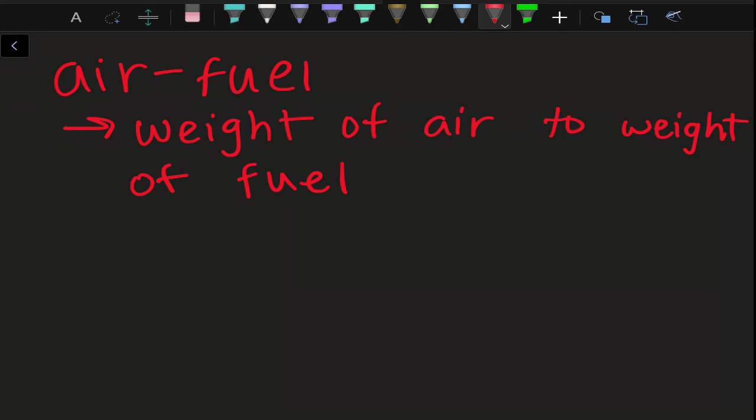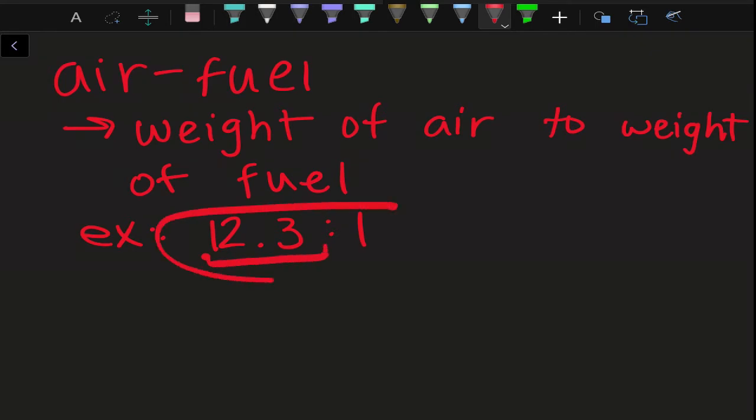So again, to reiterate, air-to-fuel ratio is the ratio of the weight of the air to the weight of the fuel in the mixture being fed into the cylinders of a reciprocating engine. So, for example, we could end up with something like 12.3 to 1. Again, even though we have a decimal here, it's the same kind of looking ratio.